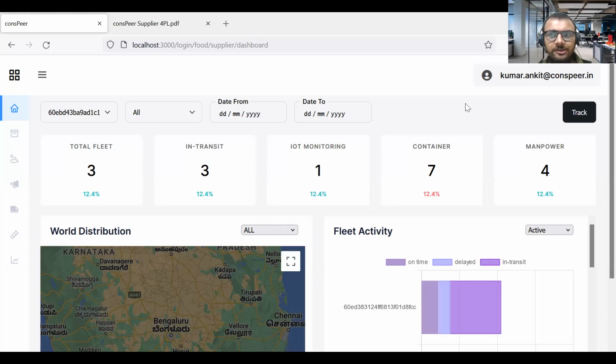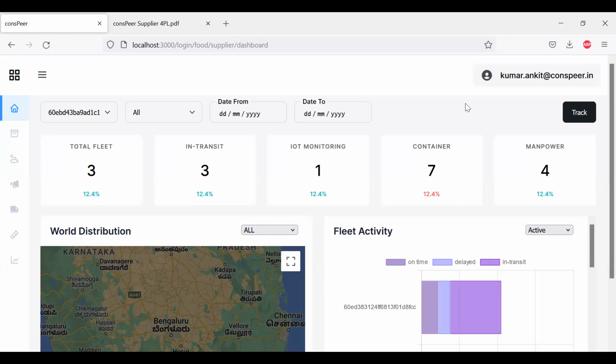Okay, so let's begin. First of all, a supplier would be having a fleet in transit. Like what are the recalls? What are the vehicle fleets which are about to come back, which are in the transit process, devices which are connected with the container or with the fleet, containers, and manpower, somewhere drivers or auditors.